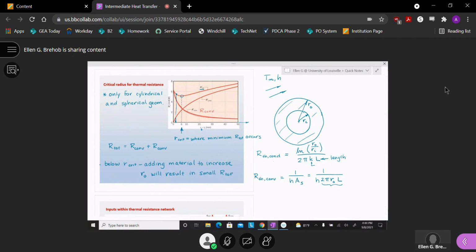Okay, so just to hit that one more time, and again, it's not always at this r outside minus r inside of 6 millimeters, but for each system, there's going to be a particular spot.